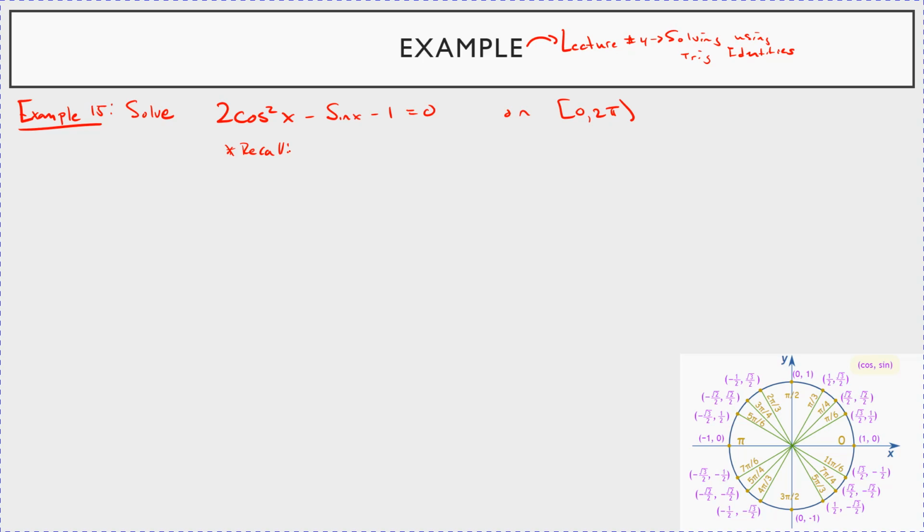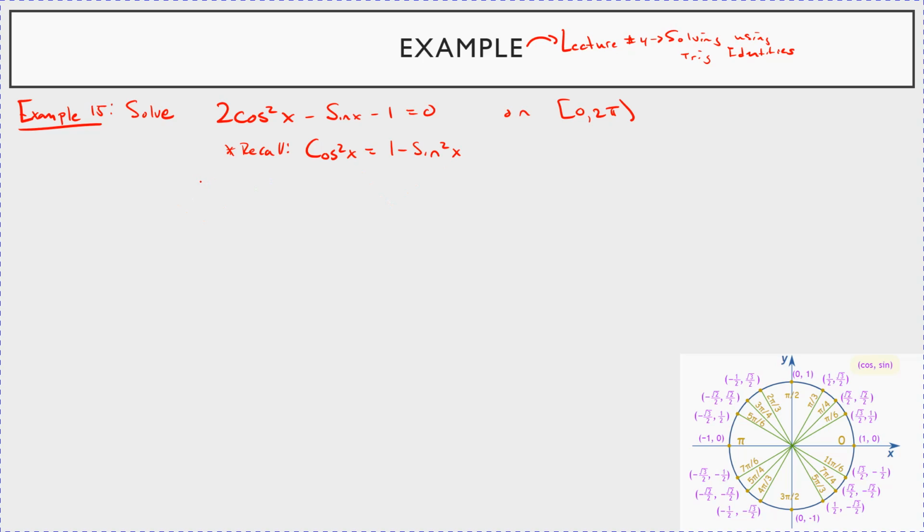You'll look down your cheat sheet and ask, is there any way I can get cosine squared of x in terms of sine? I want to replace cosine squared in terms of sine, because there's nothing for sine by itself. If you do, you'll see that this is equal to 1 minus sine squared of x.